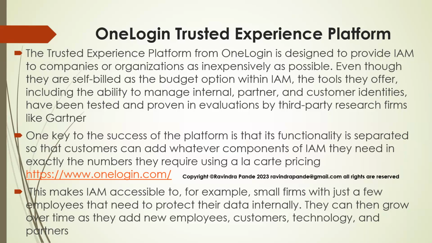These can be partners, and a customer, Ravindra, purchasing a Sony TV from Amazon for his St. Louis house. And this way, the whole three different categories of users or groups of users can be managed differently with these self-build budget options. So like if you have 100 users, you'll pay the subscription for 100 users only.